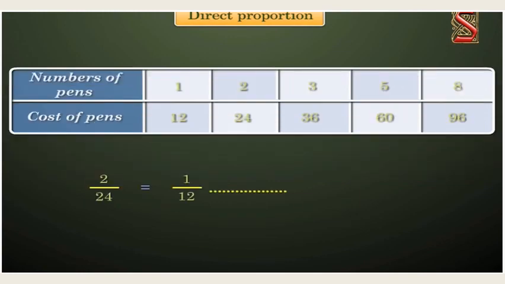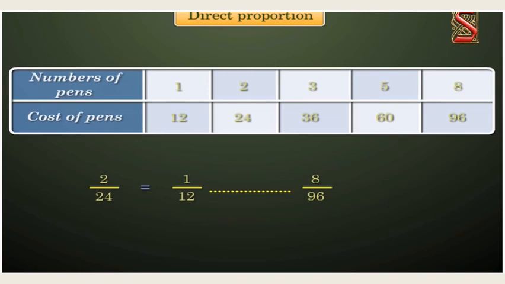Cost of pens, for example, the ratio of number of pens upon cost of pens is 2 upon 24, which is equivalent to 1 upon 12, and again it is equivalent to 8 upon 96. Means any ratio you consider, the number of pens to the cost, after simplification is going to form the reduced form, that is 1 upon 12.